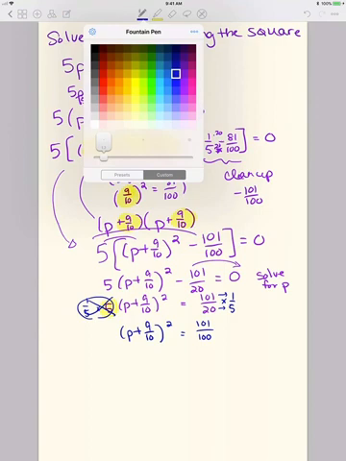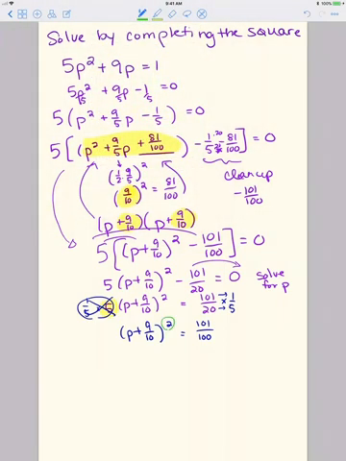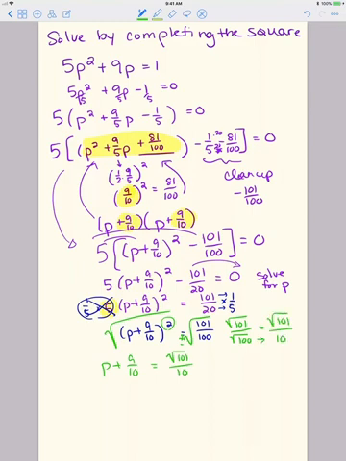So we have our quantity squared. So we're going to square root both sides, plus and minus, and we have p plus 9/10 equals the square root of 101 over 10. Because if I do 101 and 100 as separate square roots, I can actually square root 100 to be 10. 101 will not simplify anymore.